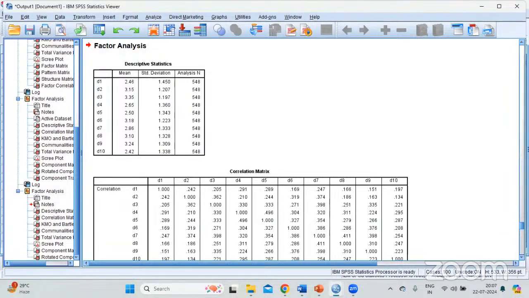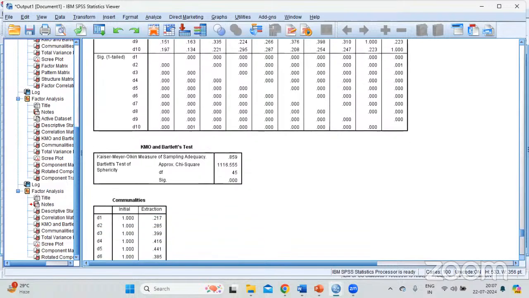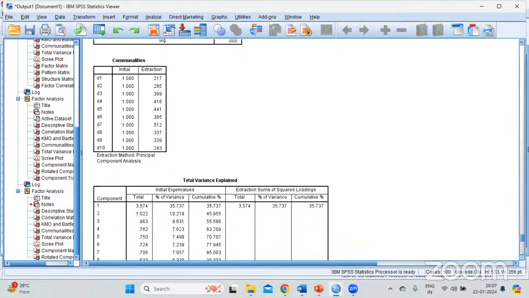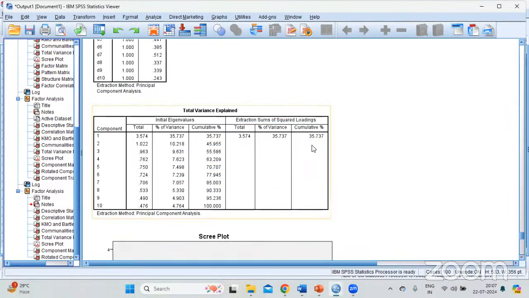The initial things will remain the same. Now you see total variance explained. It's gone so low, 35.73%. Earlier it was around 46%. Now it is quite low, since we are specifying that you extract only one.